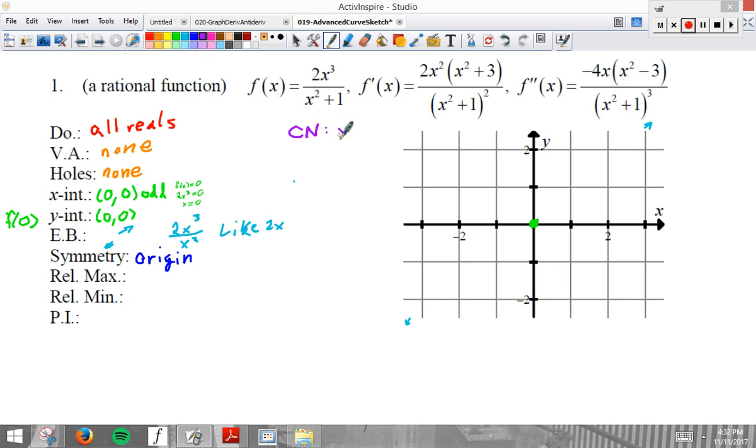You should notice that the only critical number here is x equals 0. That's the only number that could make f prime equal to 0. And there are no numbers that can make f prime undefined. Going really quickly over that, if you need help with that, you should watch videos 4-1 and the videos for 4-2.